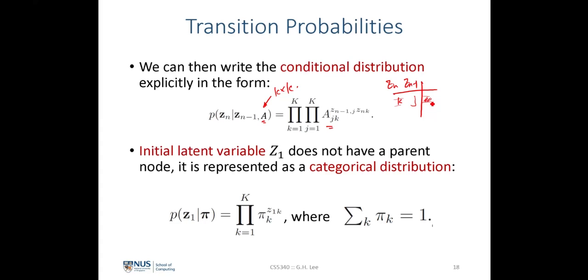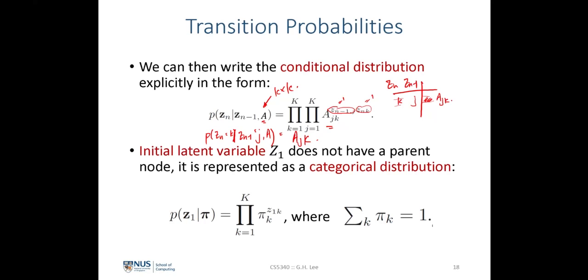I'm going to look at this particular value over here, which corresponds to A of j and k here, which is given by this guy over here. So we can see obviously that when Zn minus 1 is taking a state of j, then this guy over here is going to be equal to 1. And if Zn is going to take a state of k, then this guy over here is also going to be 1. And this probability value of P of Zn taking a state of k conditioned upon Zn minus 1 taking a state of j is going to be equal to A j, k over here.